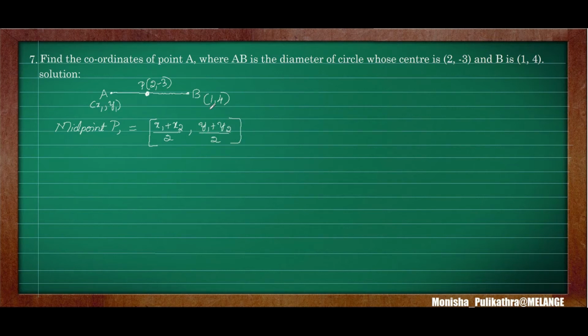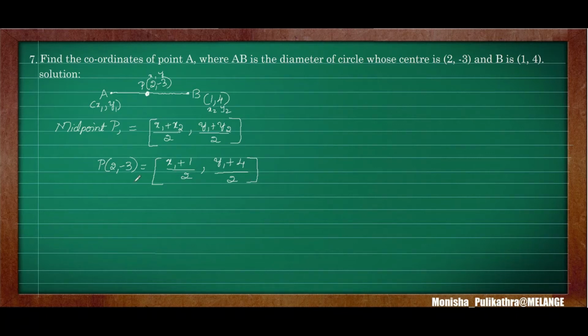Here this is x1, y1 and this is x2, y2. So P is given, that is (2, -3), equal to x1 is not given, so write as it is. X2 is 1, divided by 2. Y1 is not given, write as it is. Y2 is 4, divided by 2.